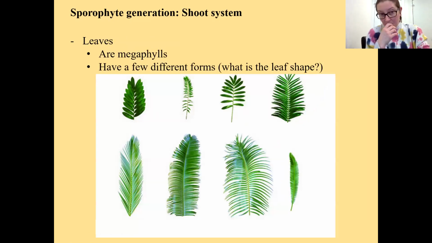Because we are in the seed plants, we're already a little bit more evolved than other plants we've seen. So all the leaves going forward are going to be megaphylls. So remember, when we learned about the evolution of leaves, those first came about when plants became vascular, right? So our first leaves that we saw were microphylls, right?